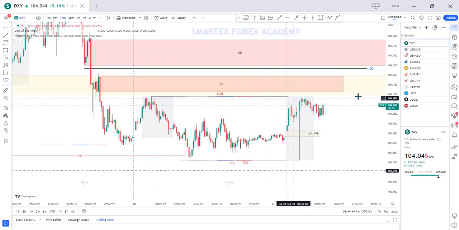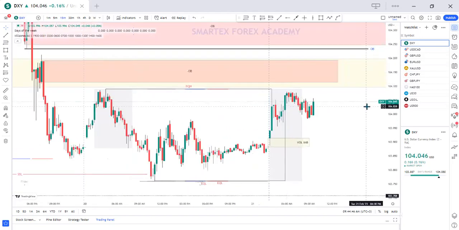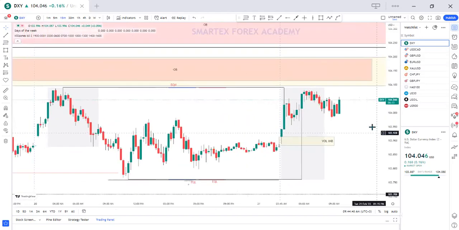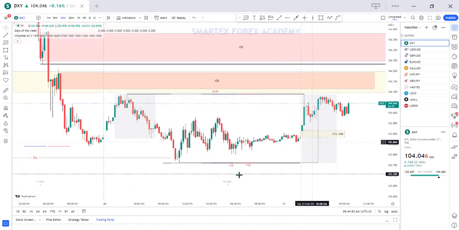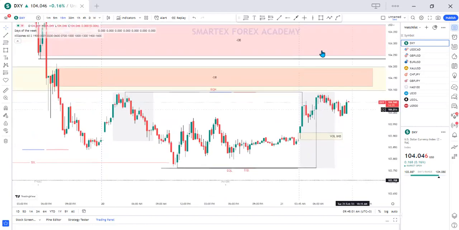That's a very nice equal high to watch to see how price is going to sweep it. Also we have equal lows here, so expect the price to sweep these lows, and then we go up, then we drop. Here is my anticipation on this one: we sweep the equal highs right into this and then drop.